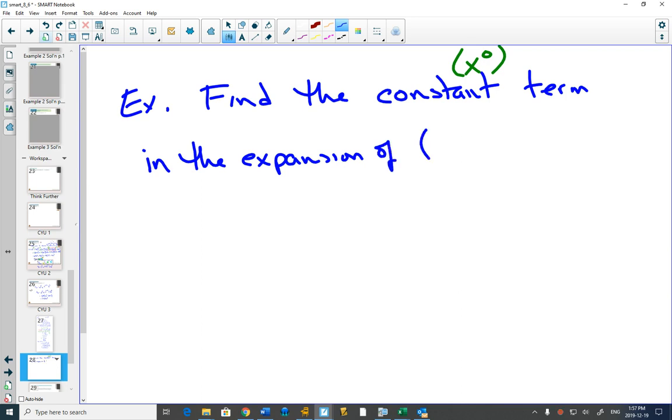In the expansion of 5x cubed minus 2 over x to the 12.